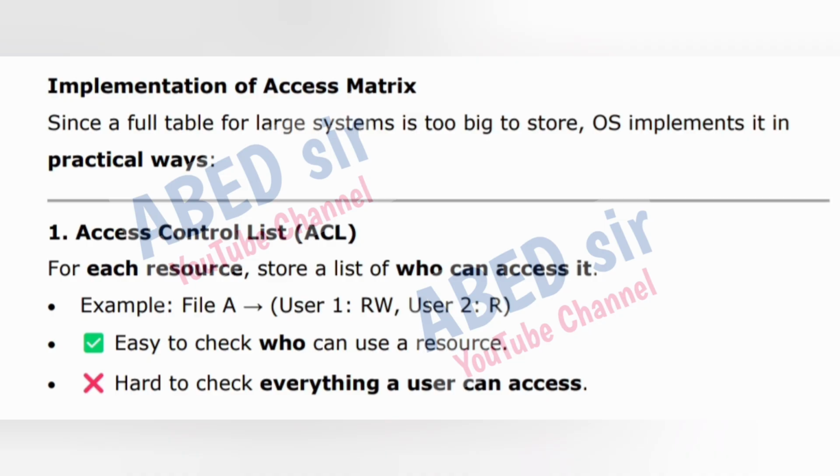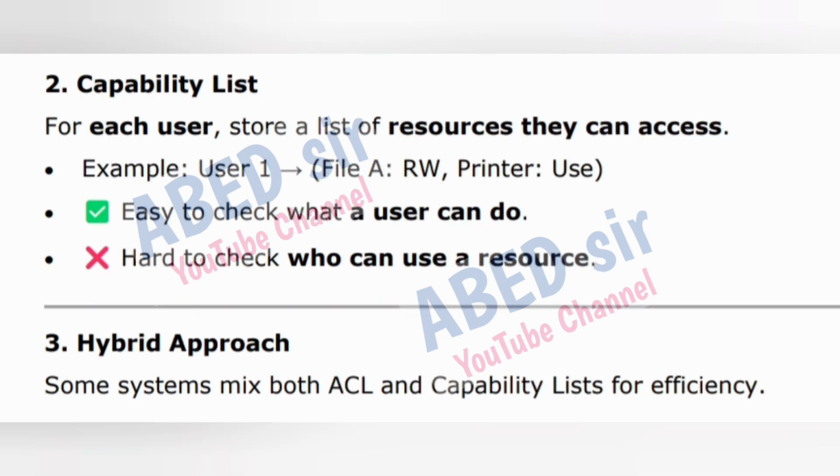For each resource, store a list of who can access it. Example, file A, user 1 RW, user 2 R. Easy to check who can use a resource. Hard to check everything a user can access. 2. Capability list. For each user, store a list of resources they can access.